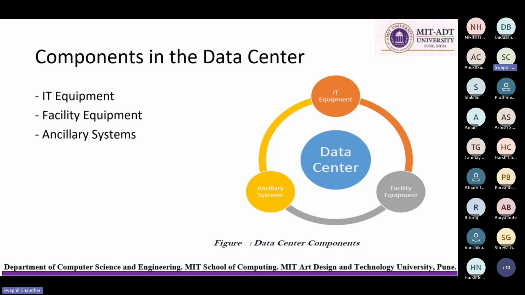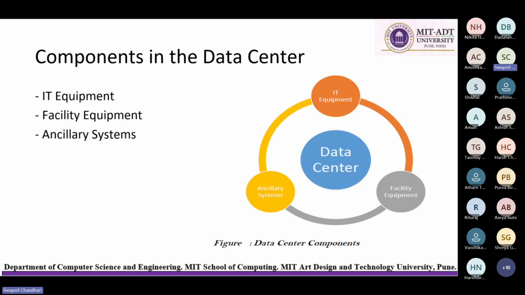And the entire system generally needs protection, which the ancillary system provides. So the ancillary system is of everyone's importance. It is kind of an immune system, or protection, for the cloud data centers. So I hope you understand this slide.